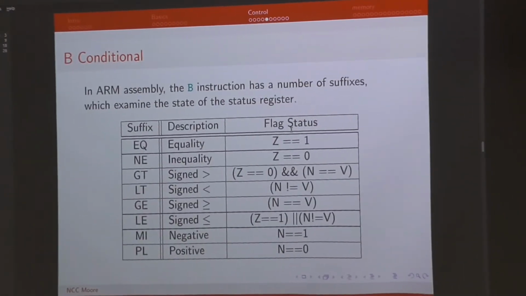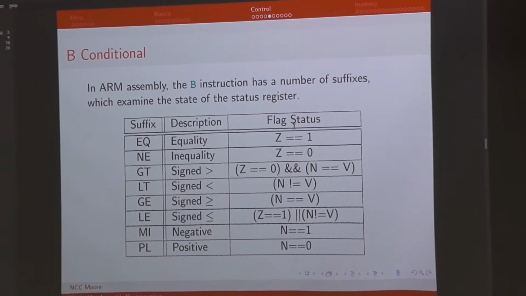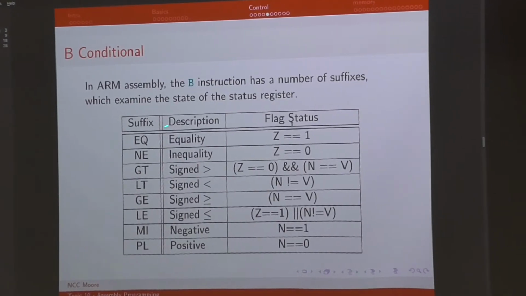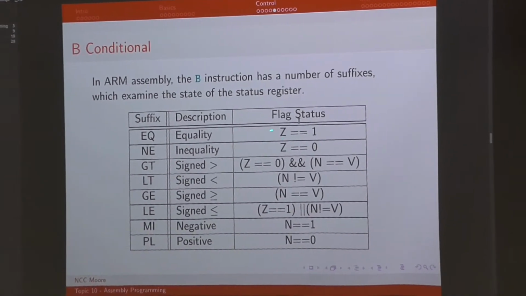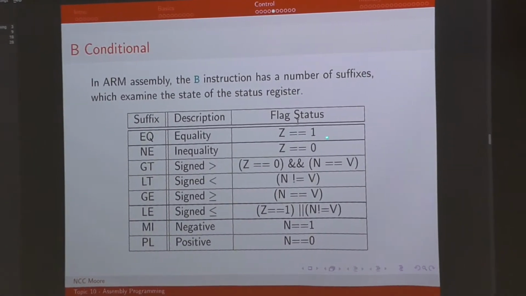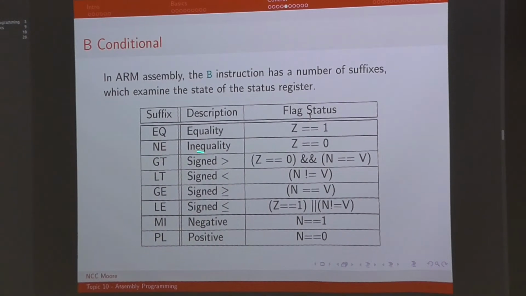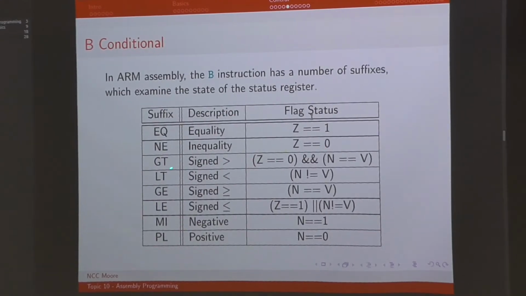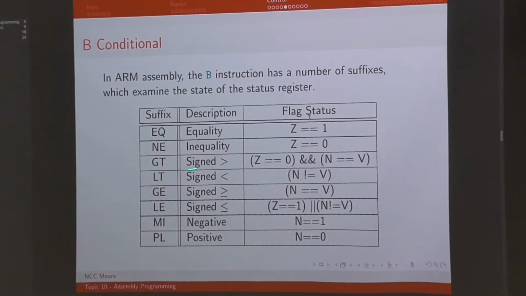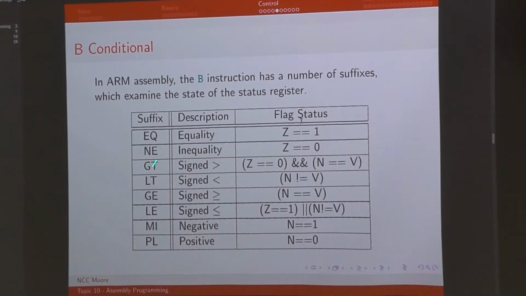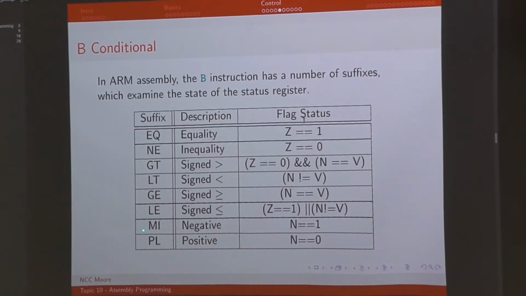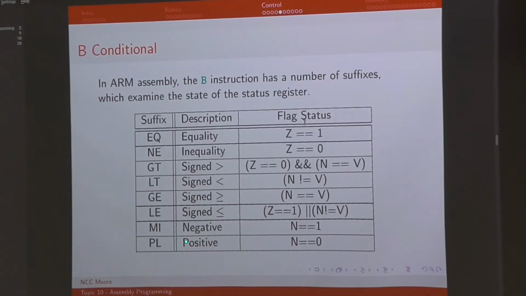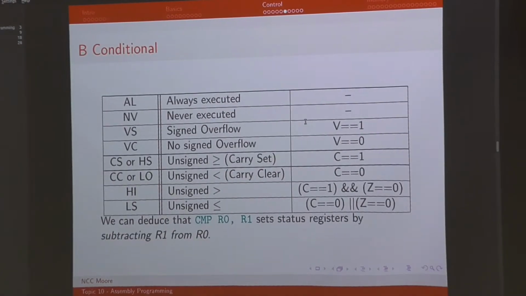So in ARM assembly, the B instruction has a number of suffixes which examine the state of the status register. EQ tests to see if Z is equal to 1. NE tests to see if Z is equal to 0. Greater than, less than, greater than or equal, less than or equal, negative, positive, minus, plus, all of these flags.